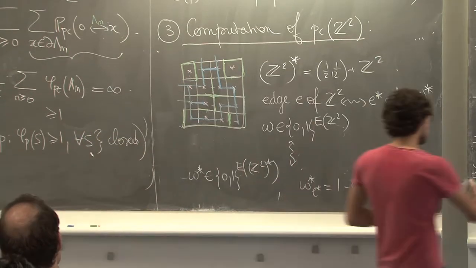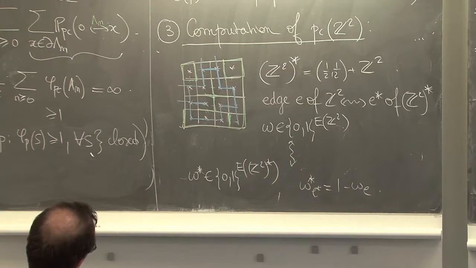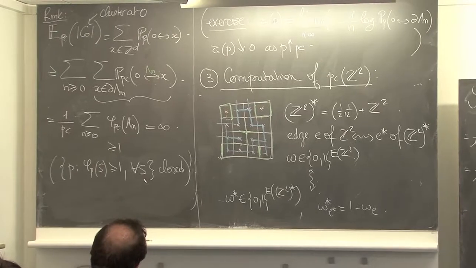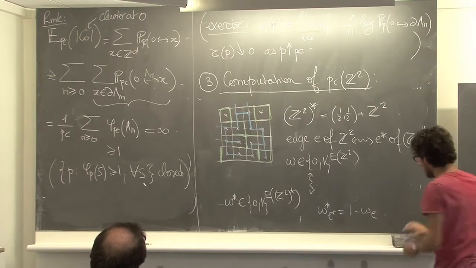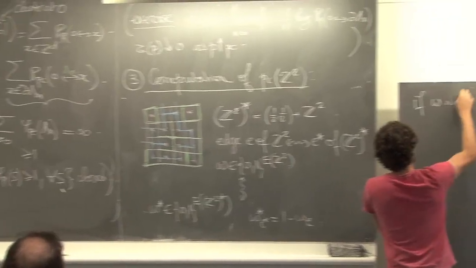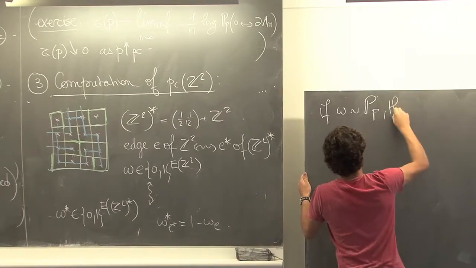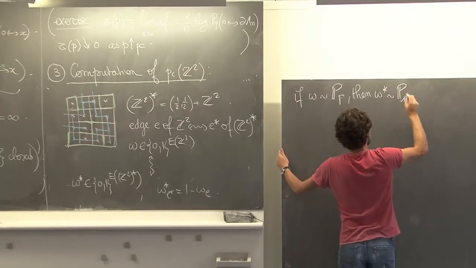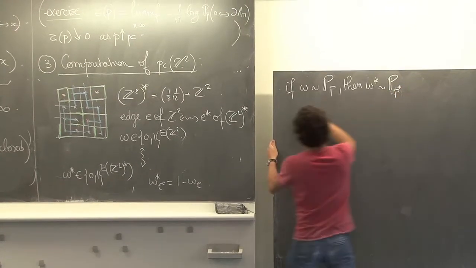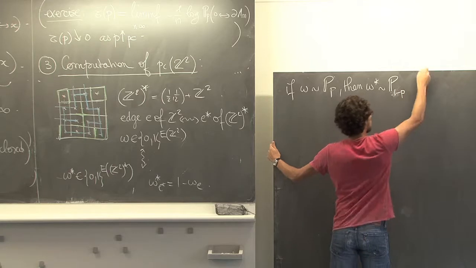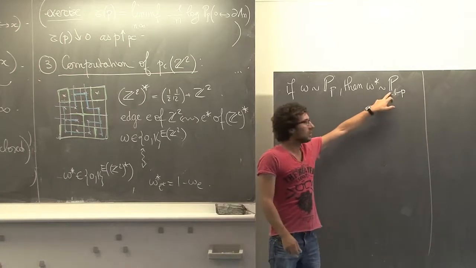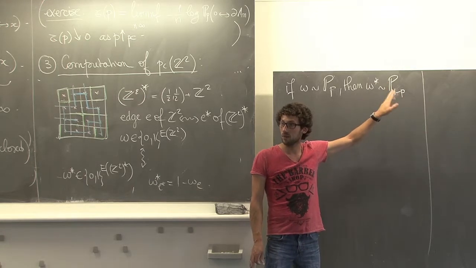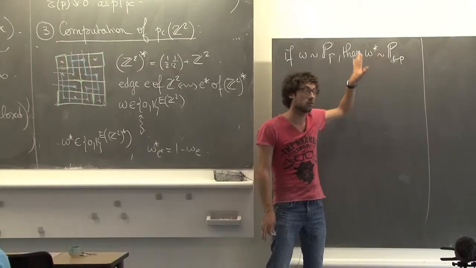So here, it's very simple to see that if omega is sampled according to the probability measure P_p, then omega* is sampled according to the probability measure P_{1-p}, of p*, I'm going to call it. Here it's a slight abuse of notation. This is not exactly this guy, it's the shift of this guy by 1/2, right? Because it's not the percolation on the original lattice, it's on the dual lattice.